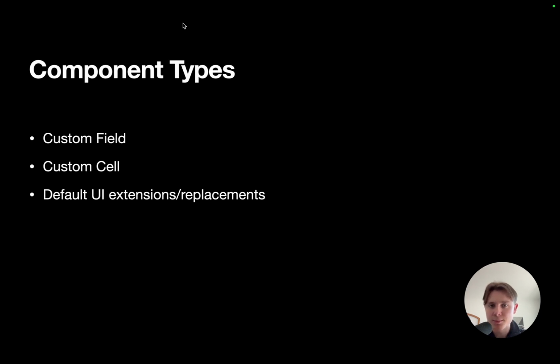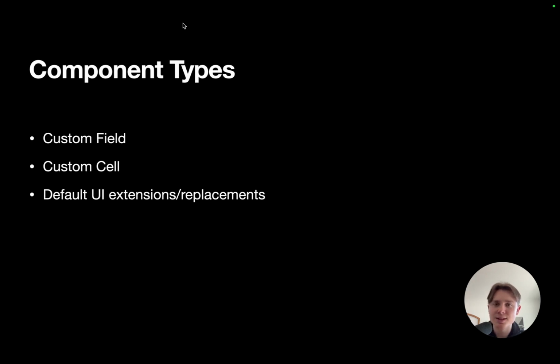We also have something called a custom cell. And that is the same thing, but the cell is displayed in our table, so in our list of documents inside of a collection.